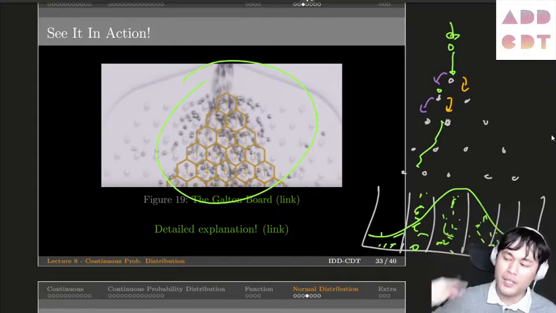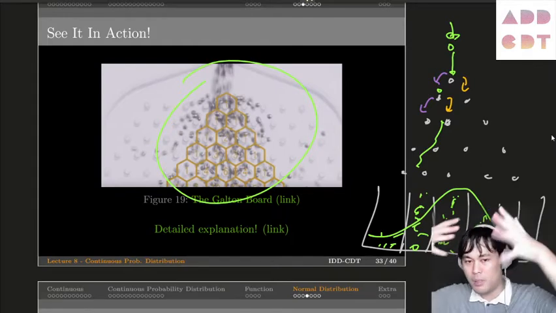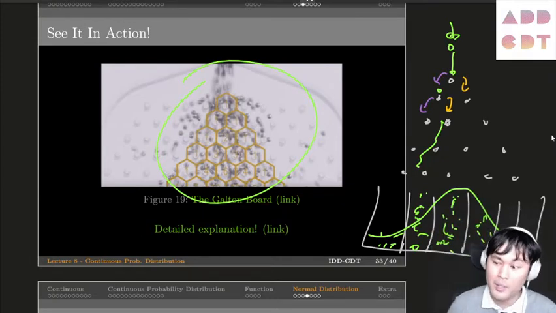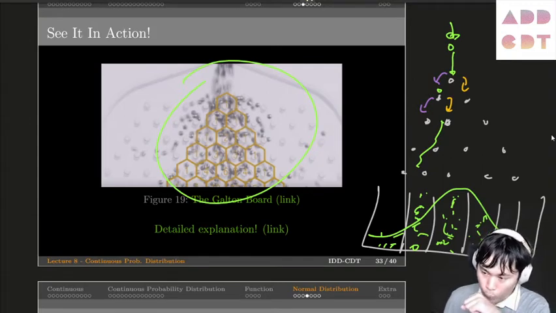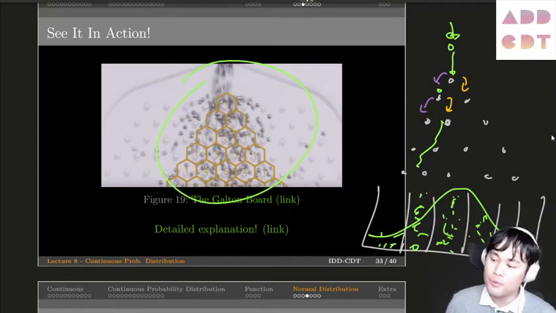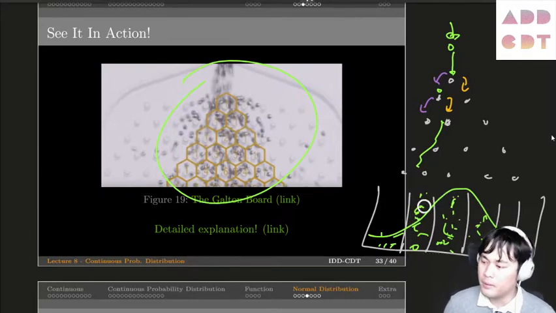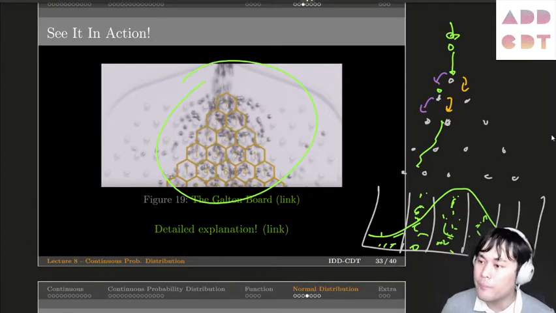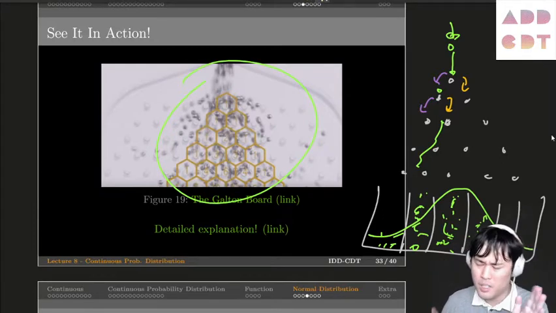And if you reset the whole board, let the balls fall back to the top, flip it again and repeat the experiment, no matter how many times you do it, the balls will always be pretty close to the predicted curve.